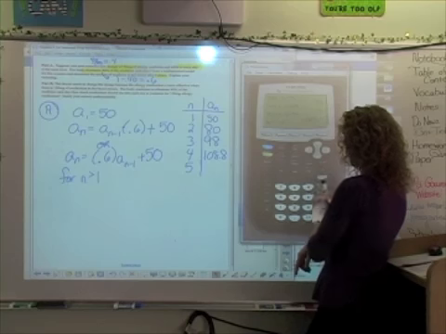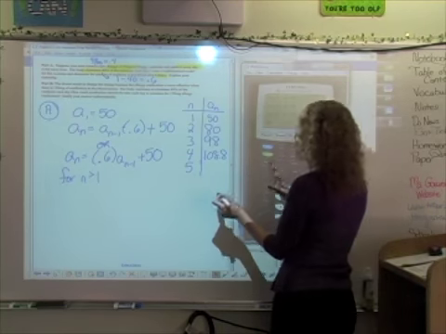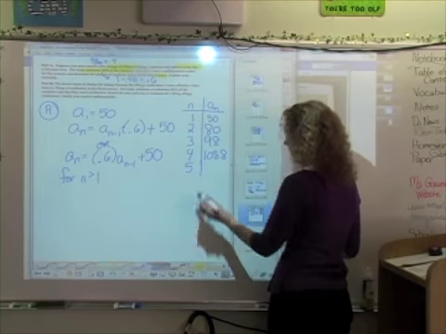And now we're going to multiply one more time by 0.6 plus 50. So by the 5th dose, I have 115.28.